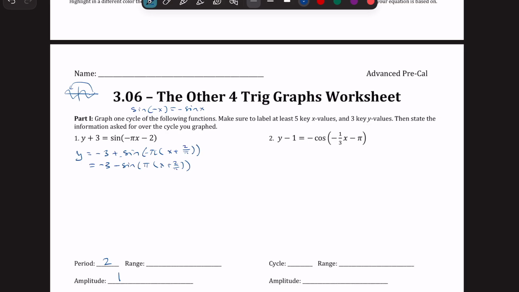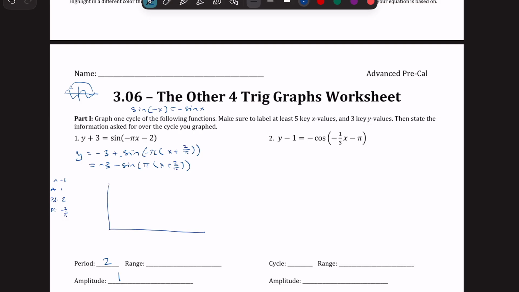My midline is going to be at -3. We already said my amplitude was 1, my period was 2. I have a phase shift of -2 over pi, which is a terrible phase shift.